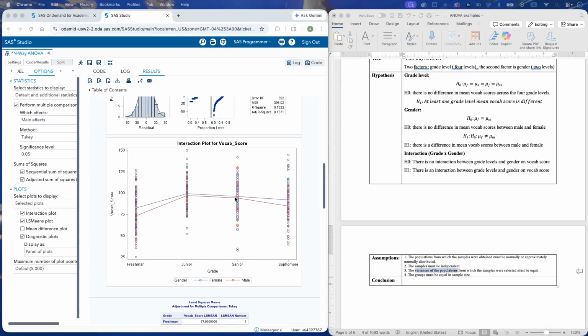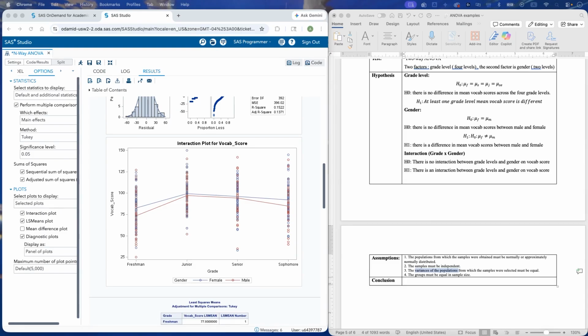And the last one, from senior to sophomore, the males decline, and the gap becomes larger between males and females. Look at the lines; they have never intersected. These two lines have to tell one out of two stories: either they are parallel, or they cross or diverge.